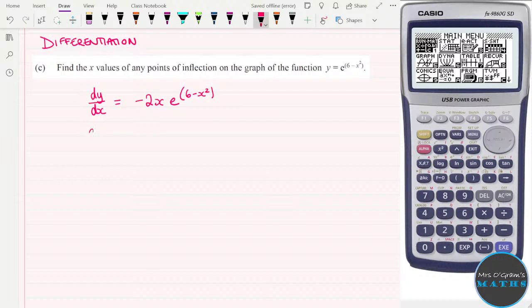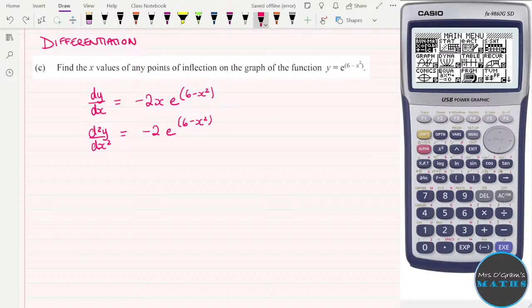Okay, now we need to do the second derivative. And that means we need the product rule. So we'll differentiate the first thing, multiply it by the second thing. And when I say product rule, it's because we've got a piece here that's being multiplied by a piece here. So that's why I'm using the product rule.